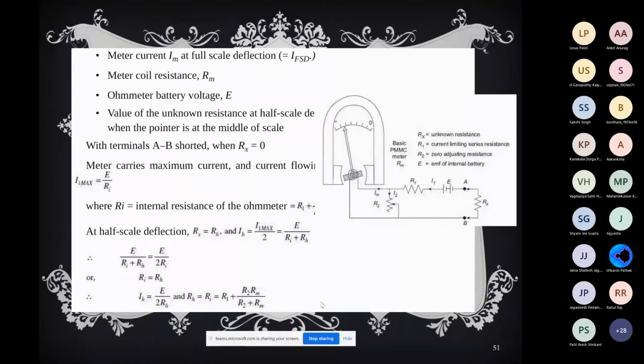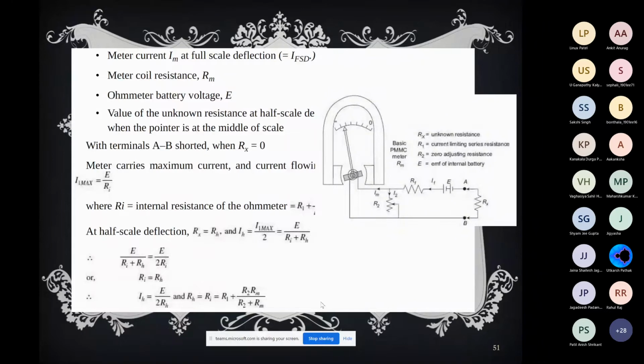When the terminal AB is shorted, Rx will be equal to 0, so the meter carries the maximum current. The current flowing through the meter will be I1 max, which will be E by Ri, where Ri is the internal resistance of the ohm meter.